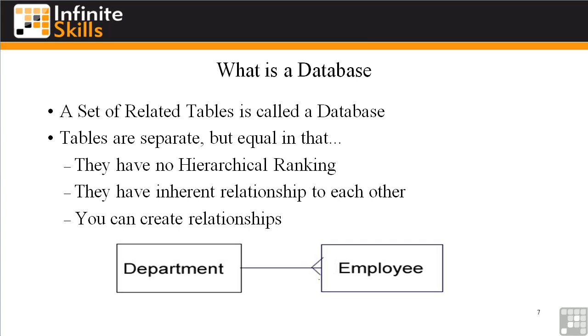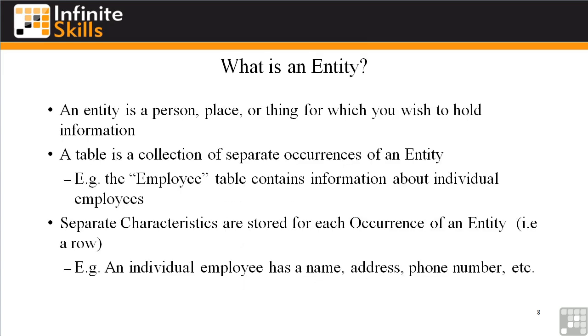Here's a concept you should be familiar with: an entity. An entity is basically a noun. It's a person, place, or thing for which you want to hold information. Like the employee table. It contains information about individual employees. The department table contains information about departments.